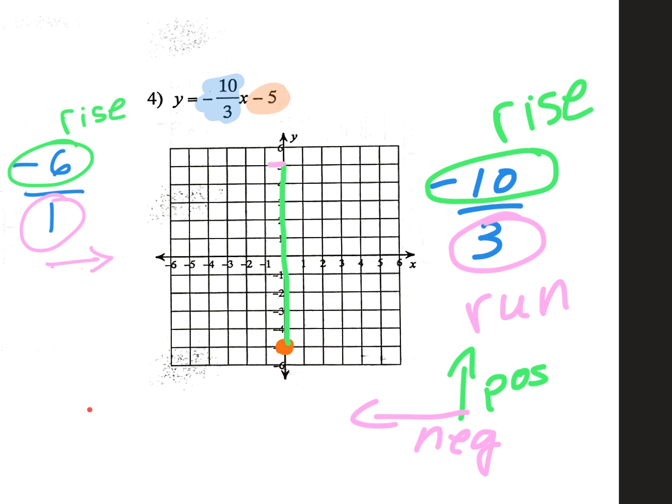So we're going to go to the left 3. And that's where your second coordinate is going to go. And then when you add your line, it's going to look a little something like that.